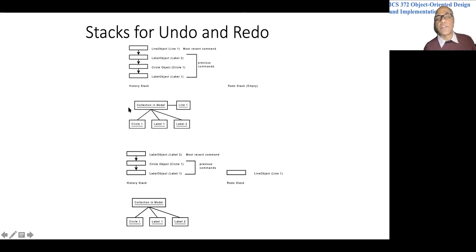And these are the objects stored in the model. And when we have an undo command, the line object would be removed and we will have the other objects still in the history stack. The line object is moved into the redo stack. Actually, it is the line command that we move here, and the model will have only the objects corresponding to stuff on the history stack.